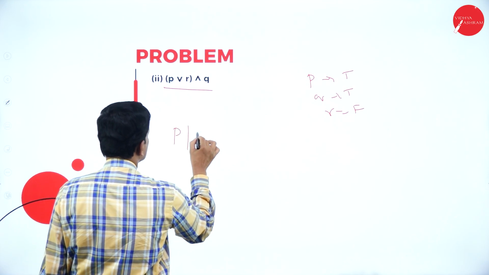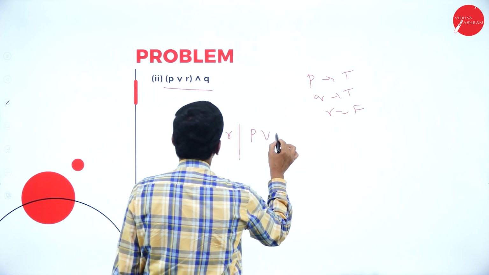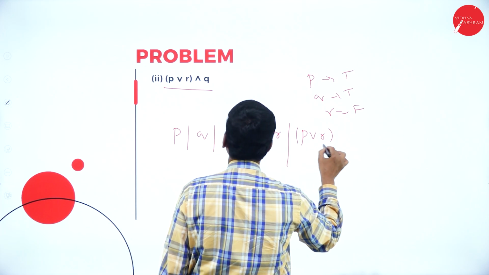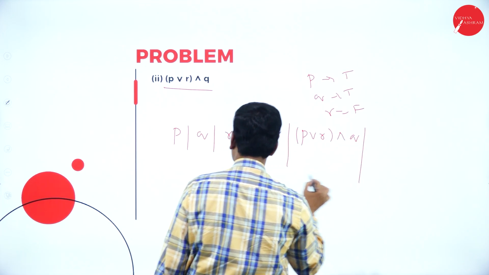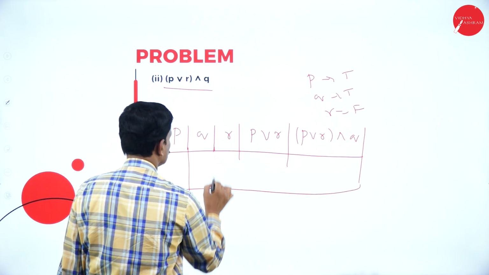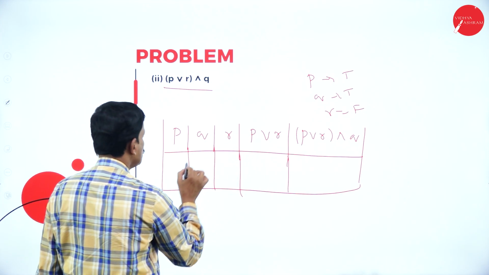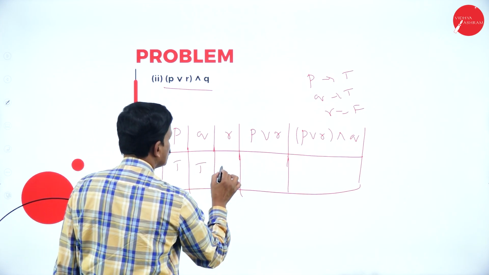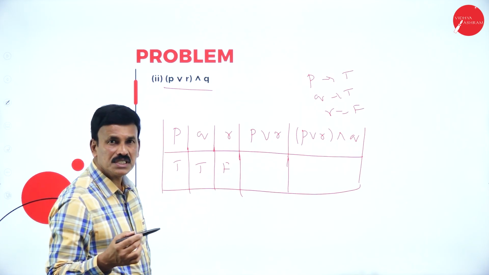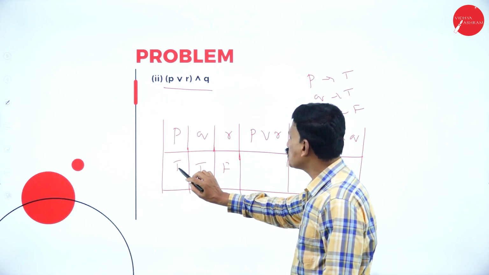This is P, Q, R, then write down P disjunction R and then P disjunction R conjunction Q. Now P is true, Q is also true, R is false. These are the given values. Now write down the disjunction for P and R. So P is true and R is false.